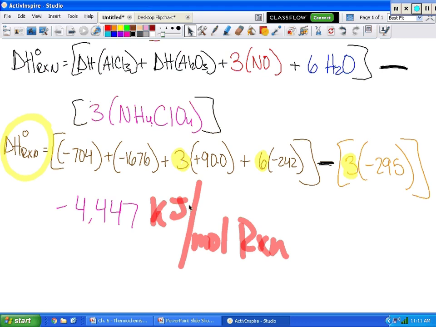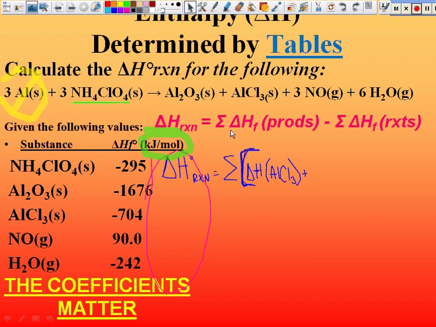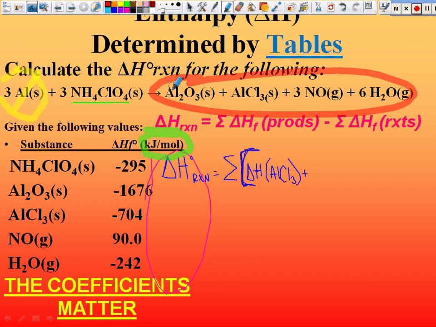Say that again. He got negative 2,600. Yes, sir. No. Yep. All you did was take, Devin, these numbers, plug them in, multiply by the coefficients, and subtract it from that number.